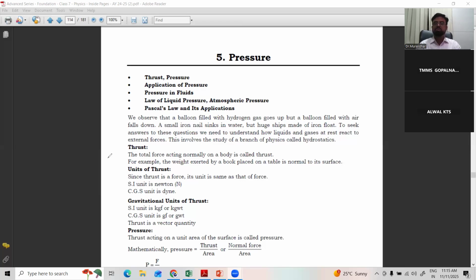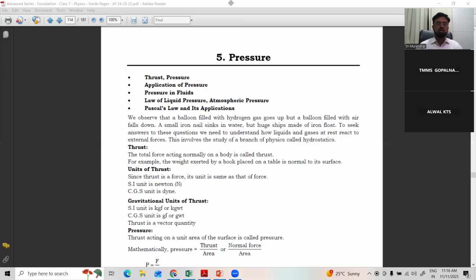The barometer works with the help of mercury, and the mercury rises up to 76 centimeter, or 0.76 meter, or 760 millimeter of Hg. That is atmospheric pressure. So when you are finding the pressure in a liquid, we have to consider the atmospheric pressure also. The total pressure exerted by the liquid is P0, that is atmospheric pressure, plus hdg, for which we already did the mathematical derivation. Clear?